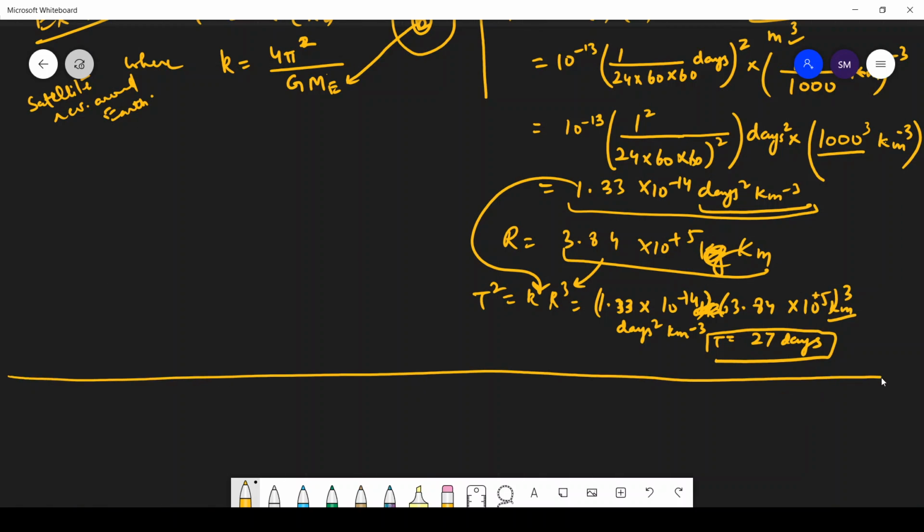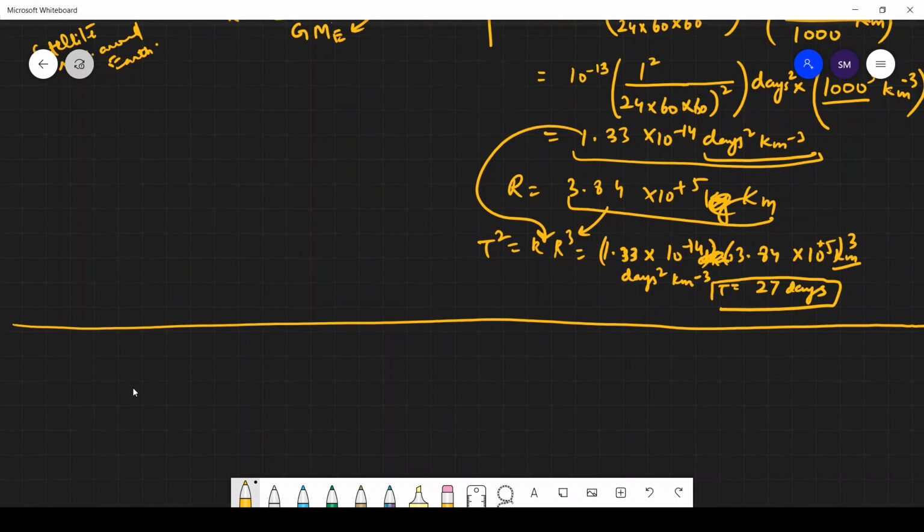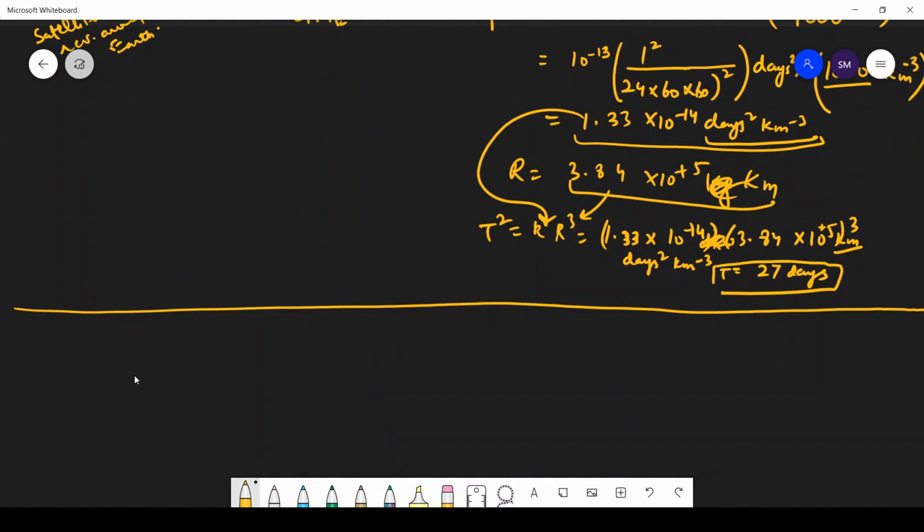So students, all the concepts are easy. Physics is very easy. It's just the application of mind. So study physics with a fresh mind. Okay. So, energy of the orbiting satellite.